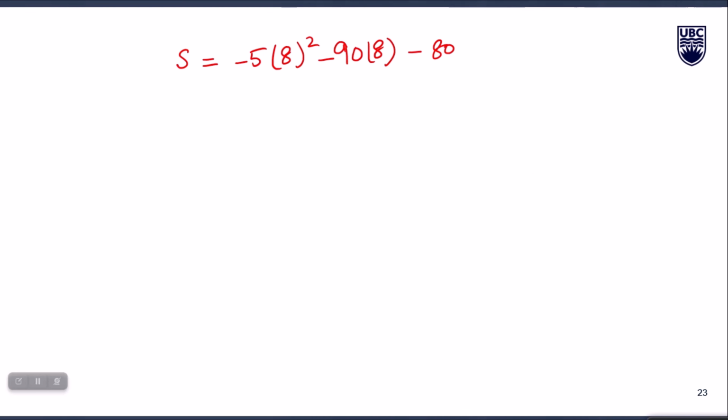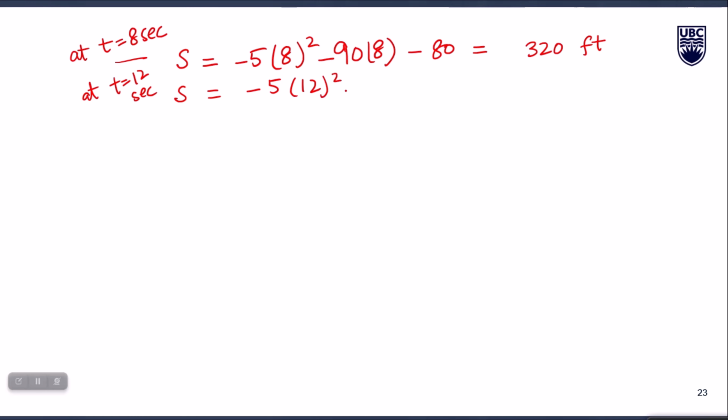So when you put that, you will get s at t equal to 8 seconds equal to 320 feet. Similarly, at t equal to 12 seconds, you can simply replace t with 12 in minus 5 into 12 square minus 90 into 12 minus 80.